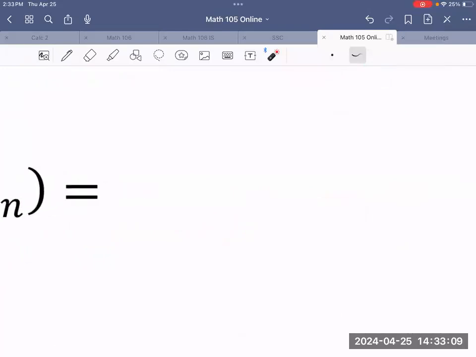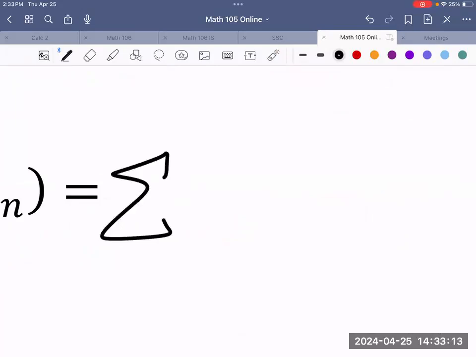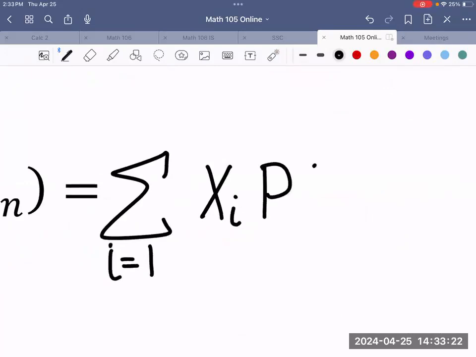For a shorthand version, this just says we're going to take the summation of each X value, starting at your first X value, multiply it by its own probability, over an n amount of values.